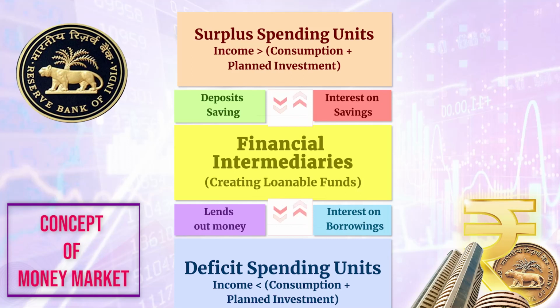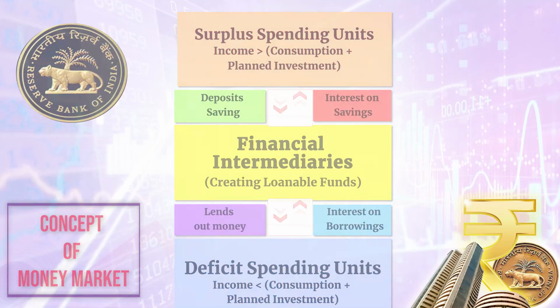Now, money market is the essential component of this financial market that meets the needs of the short-term flow of credit and financial assets that are close substitutes to money. Here, by short term, we mean a period of time less than one year, and by close substitutes of money, we mean those financial assets which can be readily transformed into money without loss of their value and with minimal transaction costs.